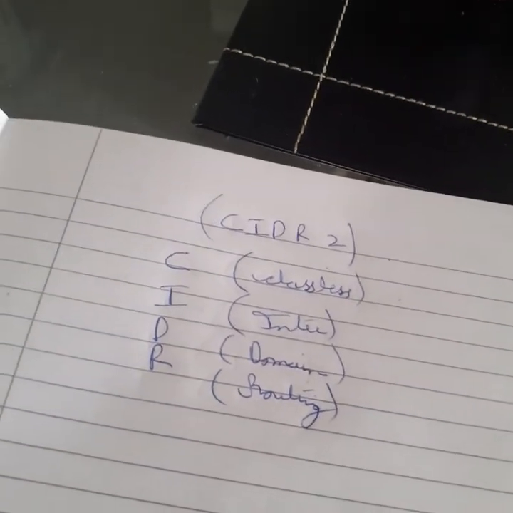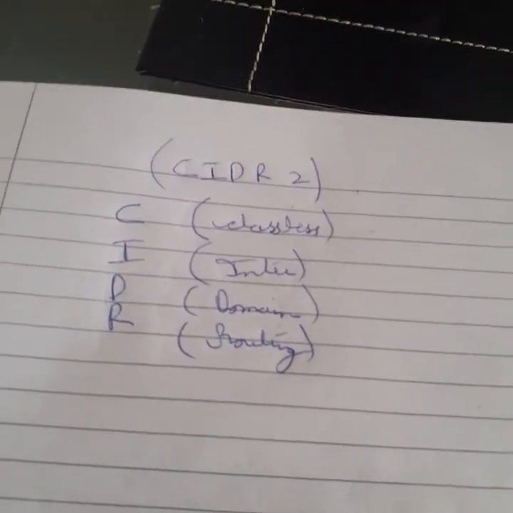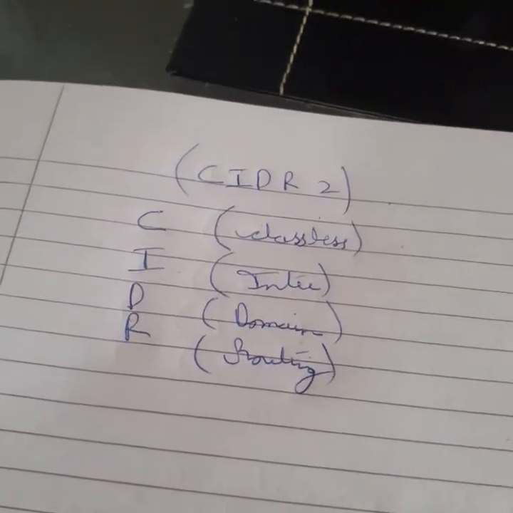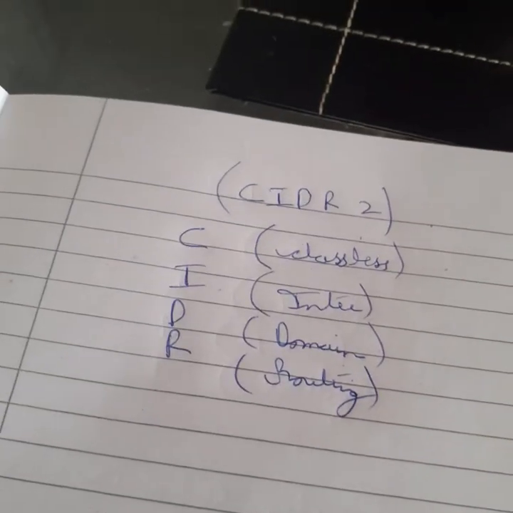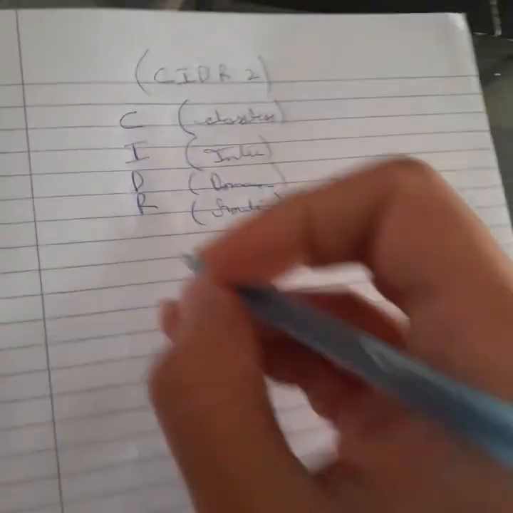Everyone, push that inside your head. Classless Inter-Domain Routing. As explained before, it is a method of allocating IP addresses and IP routing, and it was developed in 1993.